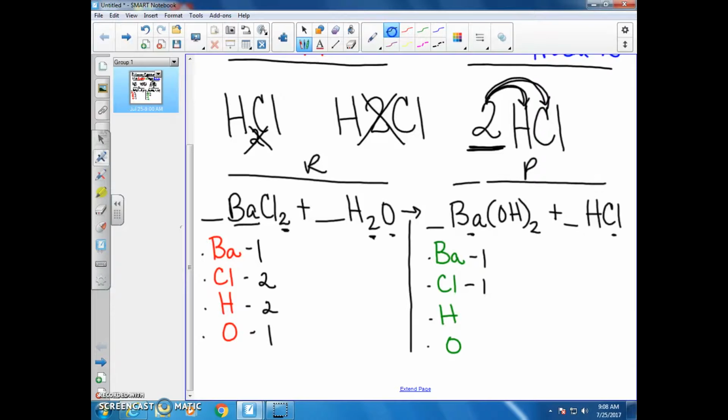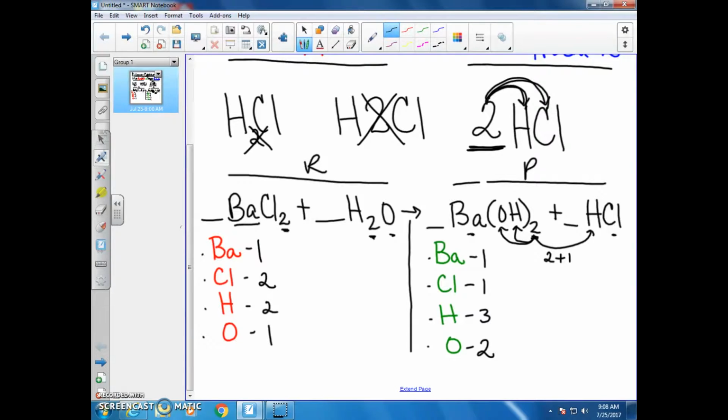This 2 on the outside is going to multiply or distribute to everything inside the parentheses. So you would get two O's and two H's. Since I don't have O anywhere else, that's going to give me my two O's. But I have two H's here, plus one more H over here. So 2 plus 1 gives me 3 total H's.